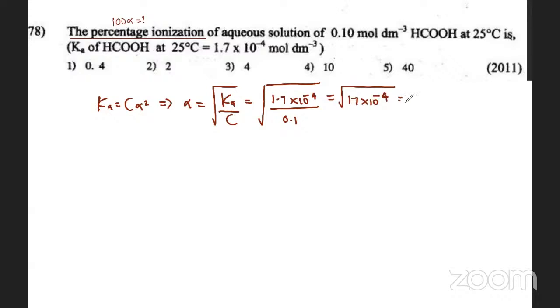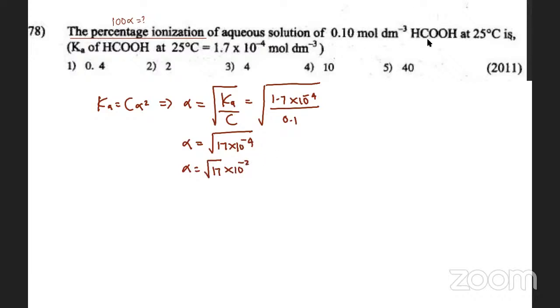Alpha is equal to square root of 17 into 10 to the power minus 4, which is square root of 17 into 10 to the power minus 2.